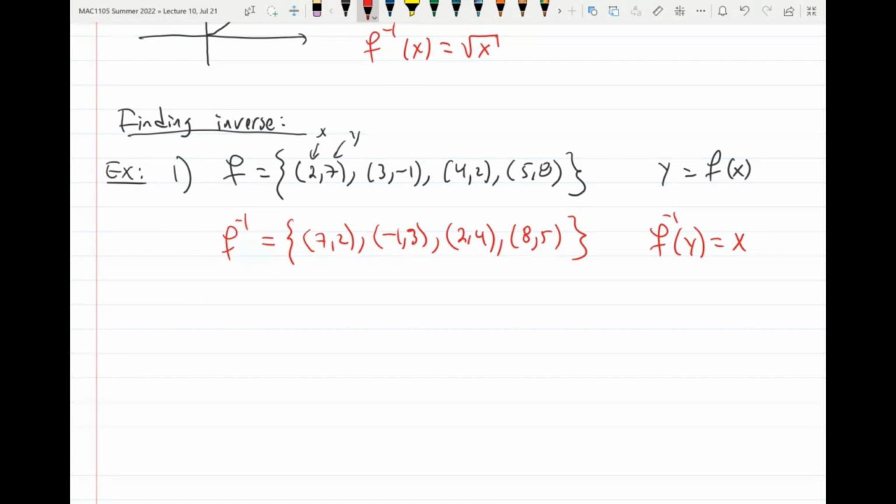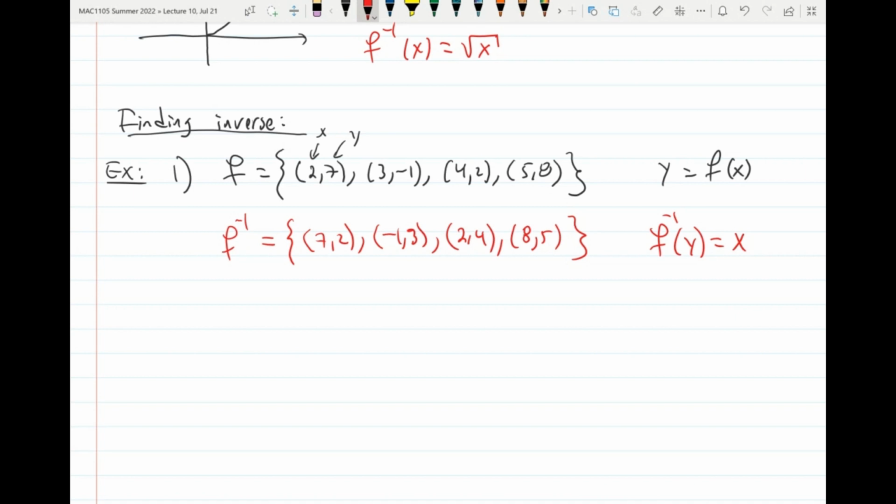There are some things that we can say from here. For example, we can now write down a systematic way of finding the inverse when you're given a formula. And also, there's something happening between domain and range. What can you say about the domain of the inverse?